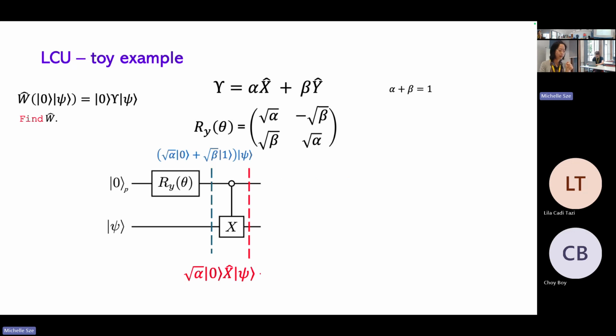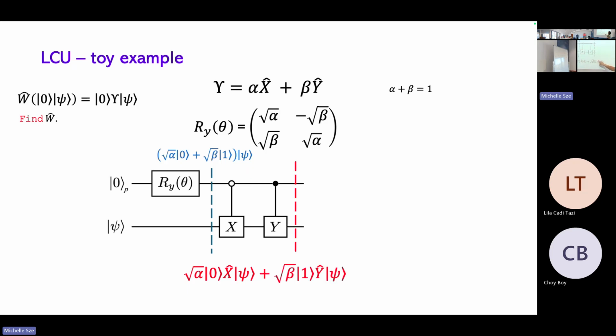For example, if we want to perform the x term, since the zero ancilla state corresponds to the x operator, we have the control here as the null control. And for the y, we have the one control, since the y operator corresponds to your one ancilla state. So that's the second part.